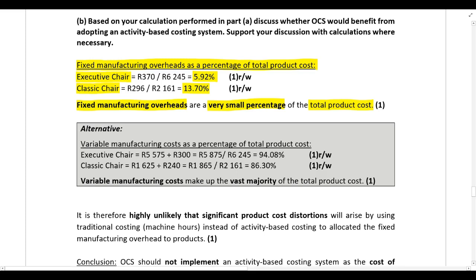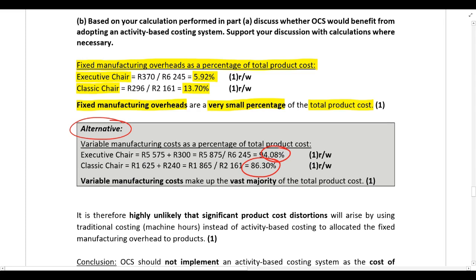Now you can see here, guys, I have also included an alternative for you. So instead of calculating the fixed overhead as a percentage of total product cost, you can calculate the variable costs as a percentage of total product cost, so that you can see the vast majority of the total product cost is variable costs. So obviously that tells us exactly the same thing. So either you perform one calculation or the other.